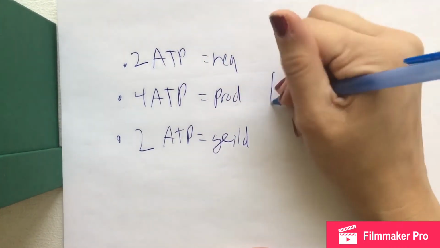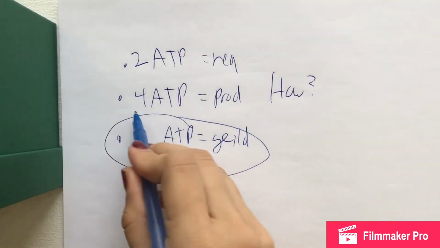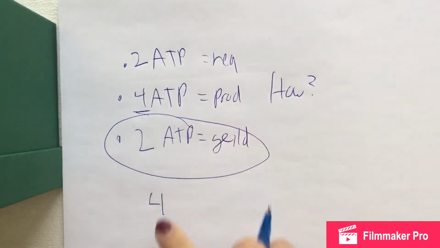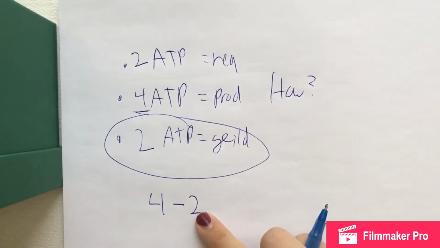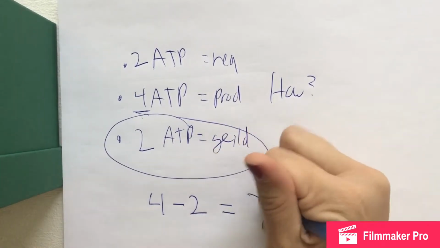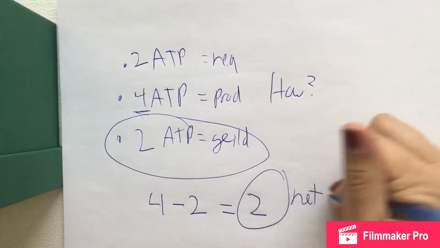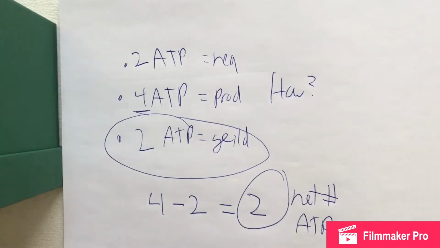How does it yield 2 ATP in the end when it produces 4 ATP, you may ask? Well, since it produces 4, you have to subtract the first 2 that it uses originally. 4 minus 2 is 2, so the net number of ATP is 2.